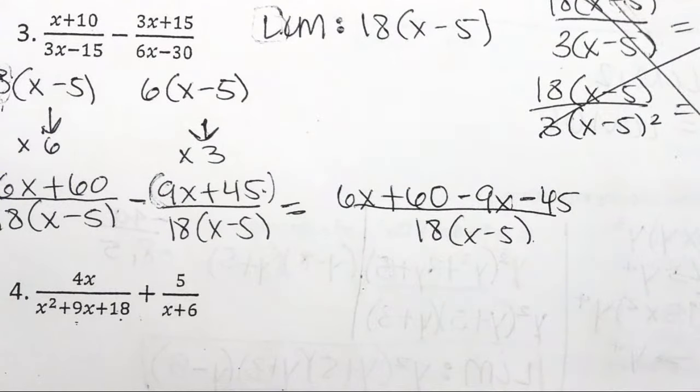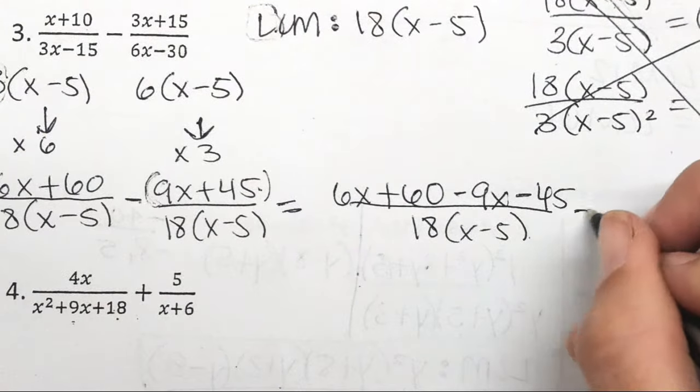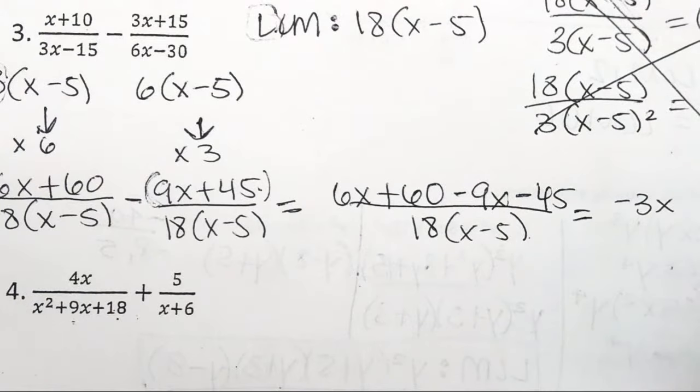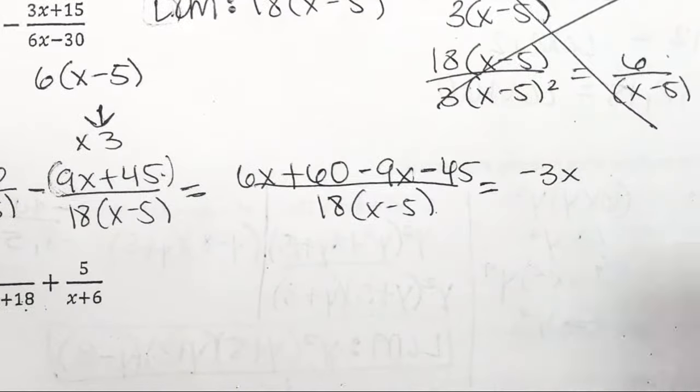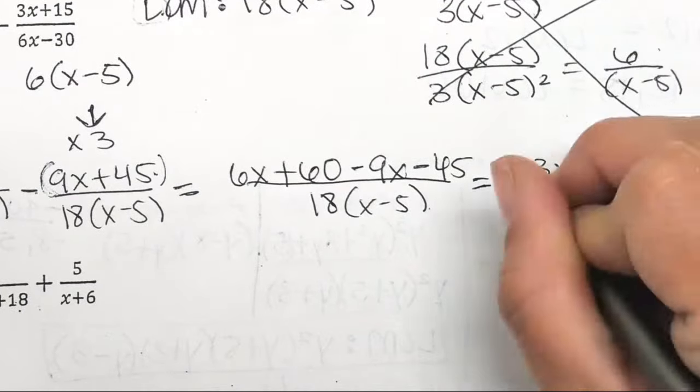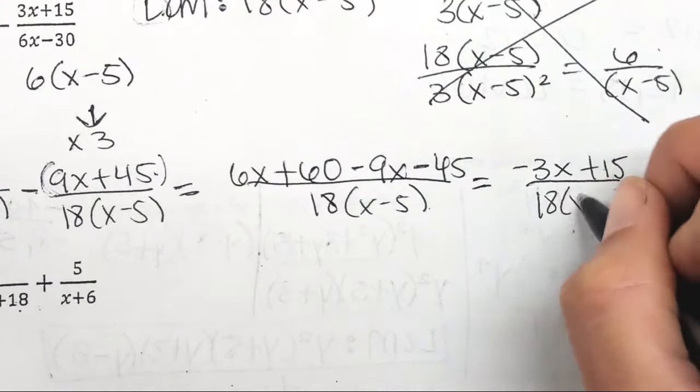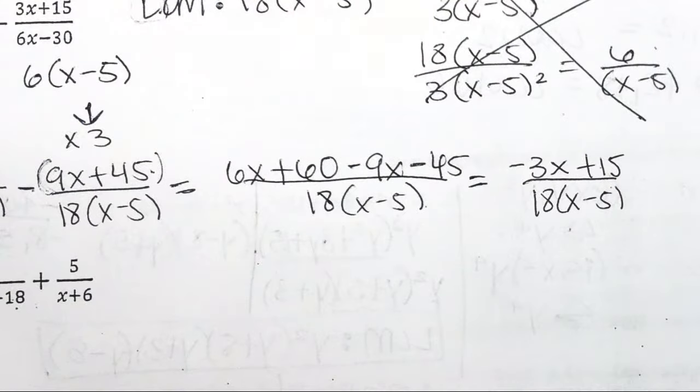So what would I get when I combine my x's? And then my regular coefficients? Over. Could we simplify this? Okay, how could we simplify it? There's 2 different ways we could do this.